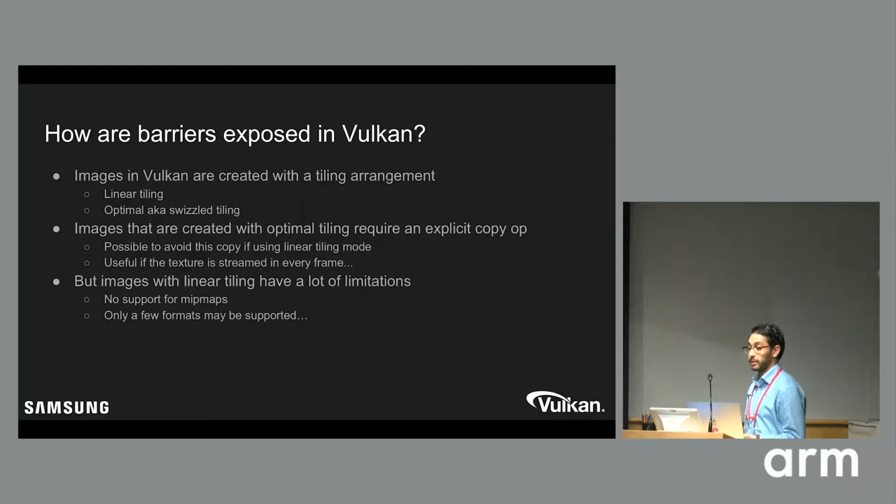But the downside is if you're using an image with linear tiling, then you're losing out on performance. There's no support for mipmaps. And the other thing is, in terms of formats, there are a lot of limitations. So you've got to make sure that your GPU supports what you want to do if you're using linear tiling. So generally, we recommend to go with optimal.